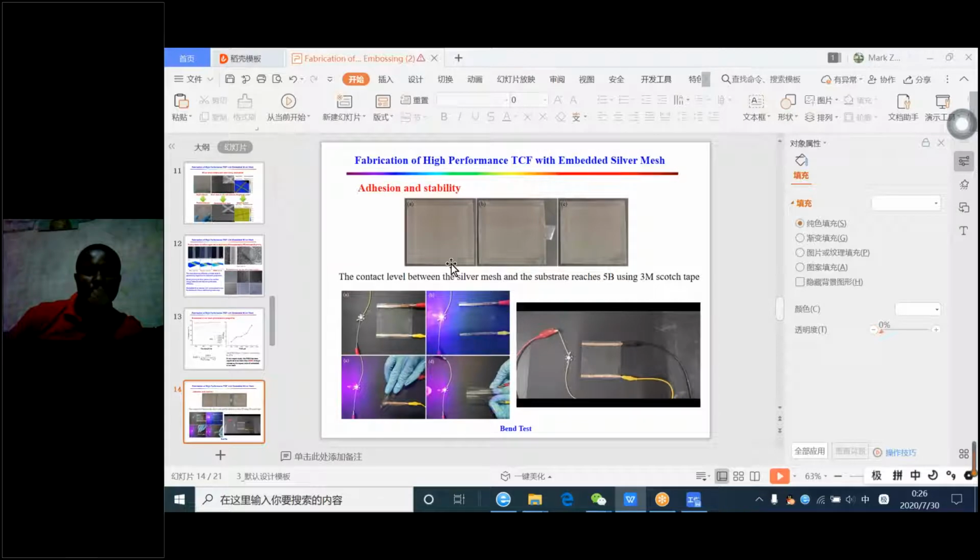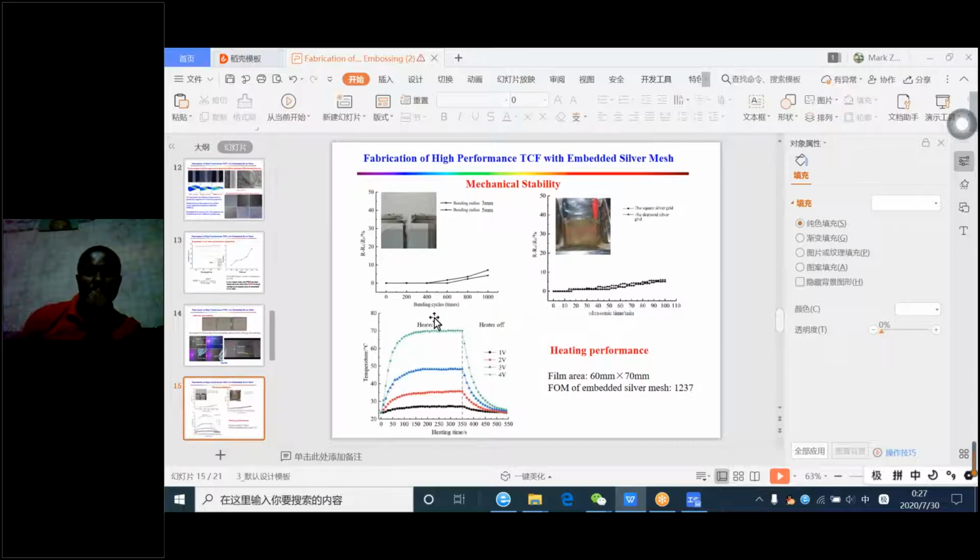The mechanical stability of the TCF is also very vital for the actual use. The results showed that the change rate of the resistance of embedded silver mesh was less than 10%.